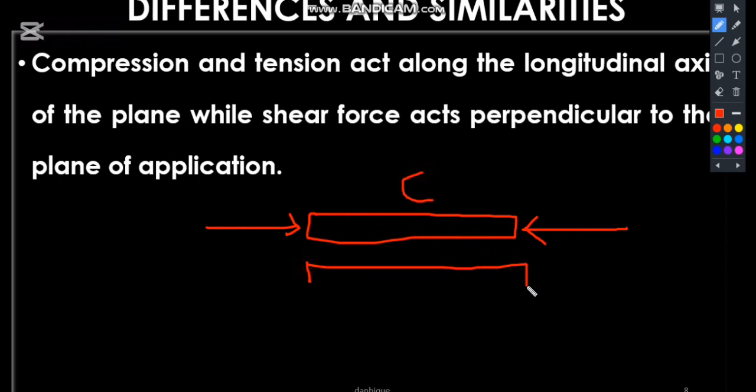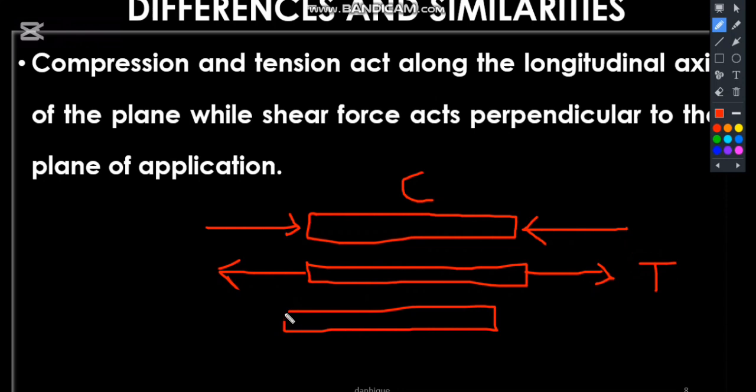The one that tends to pull the object apart is tension, and the one that tends to shear it acts perpendicular to the longitudinal axis of the object. This is the longitudinal axis of the object. So it always acts perpendicular to that, and it can act from this side or from this side.